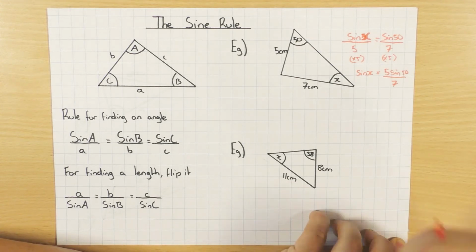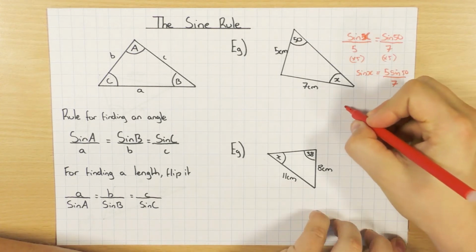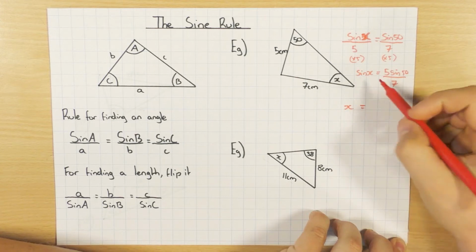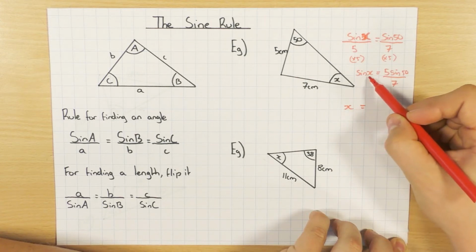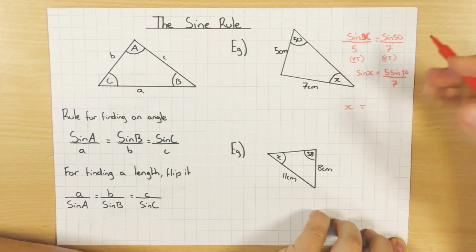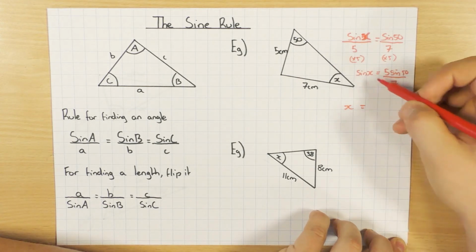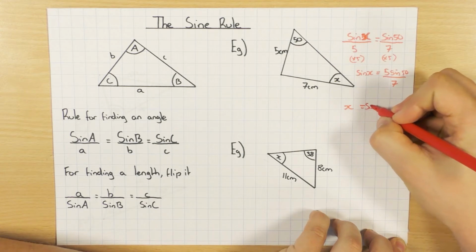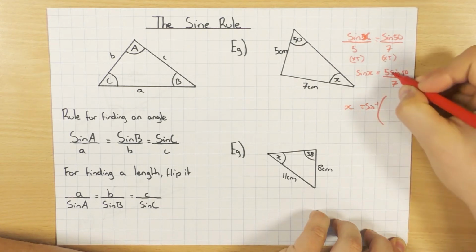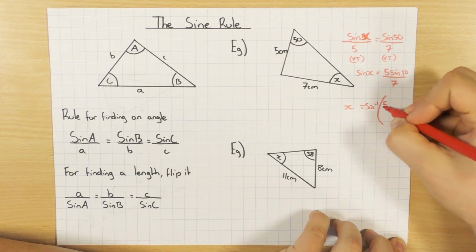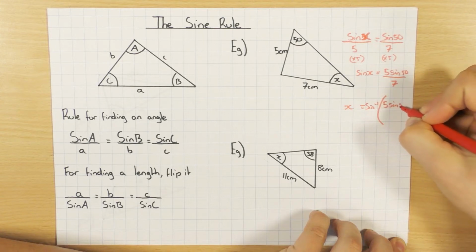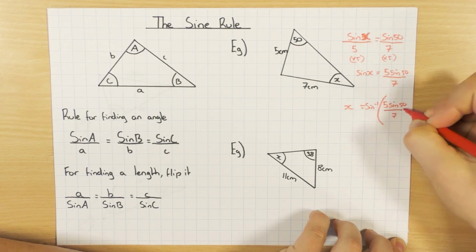And I don't want sine x, I just want x on its own. So again, if you've done trig with missing angles, when you do the inverse of sine, this is exactly the same thing. So if sine x, I don't want the sine, so I inverse sine. And then obviously when I take over this side, I've got 5 sine 50 all divided by 7.